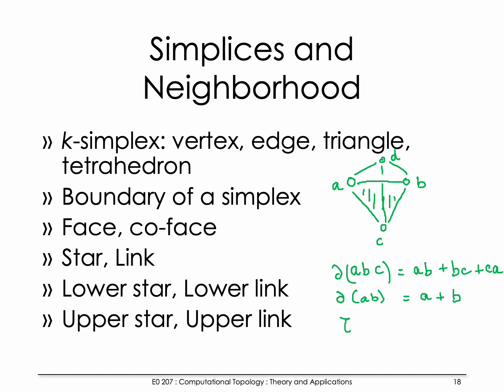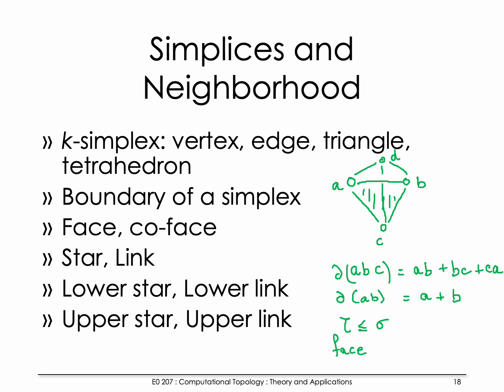We call tau a face of a simplex sigma if it is a simplex that is defined as the convex hull of a subset of the vertices that define sigma. So let's use examples to understand this. The formal definitions are already in the notes.